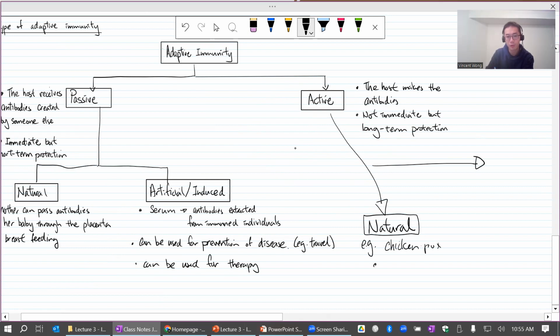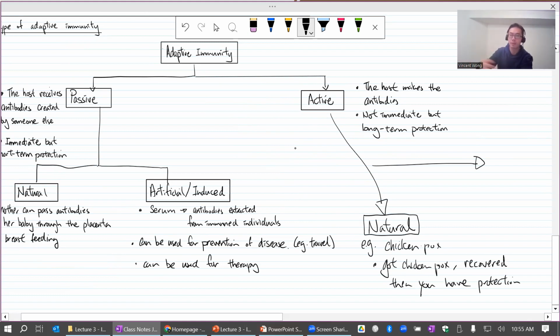If you caught it, if you got chicken pox, recovered, then you have protection. That's an example of natural active.